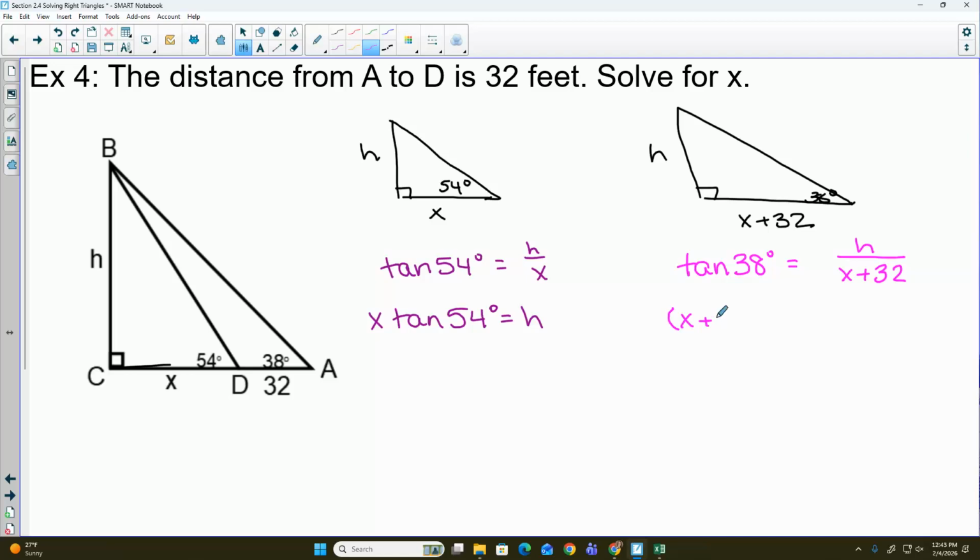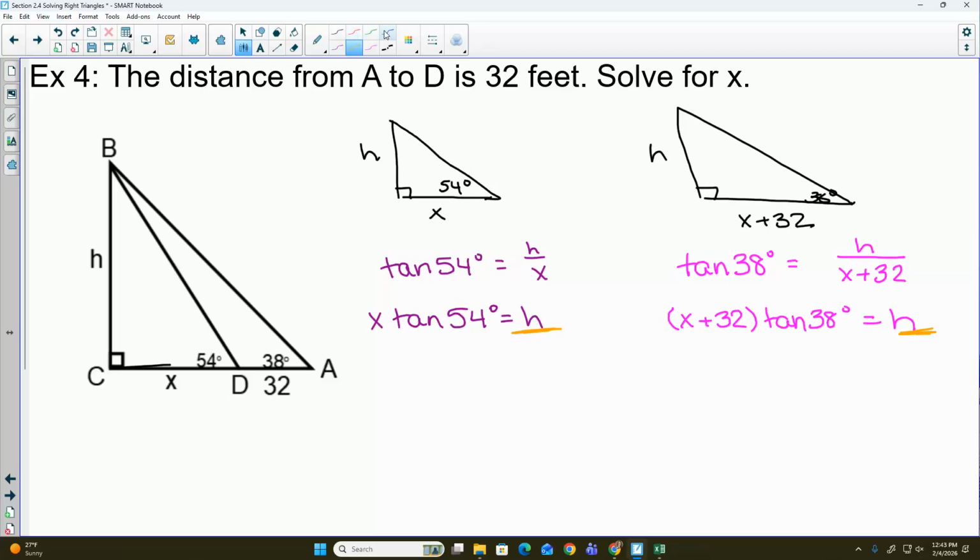Again, you can multiply over the denominator. But then I'm kind of stuck. Why are we able to do that? Yeah, both of these things are equal to h. That means they're equal to each other.